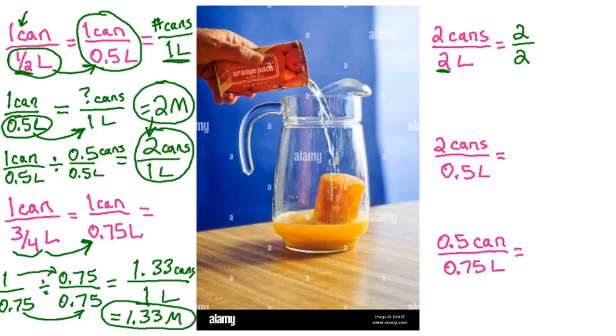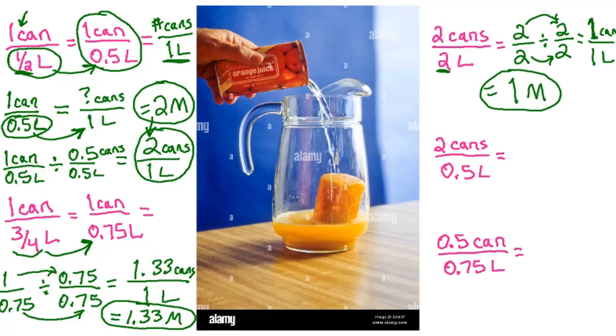If we divide by 2 on both the top and the bottom, 2 liters divided by 2 liters is 1 liter, and 2 cans divided by 2 is 1 can. So if the recipe is 2 cans for 2 liters of water, then for every 1 liter of water, we will have 1 can of frozen orange juice concentrate in there. And that gives us a molarity of 1 because it's 1 can in 1 liter.